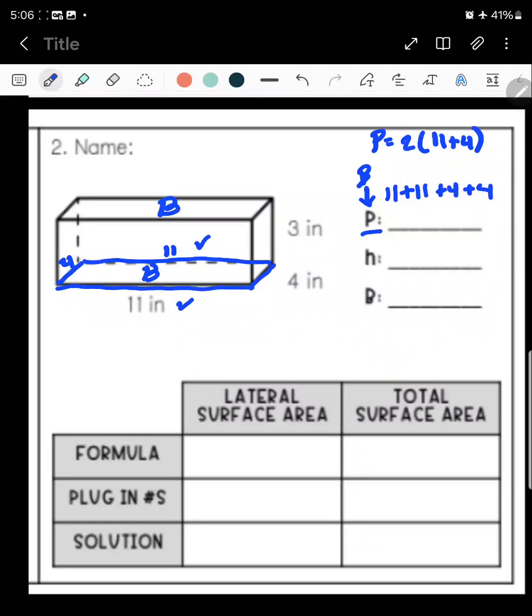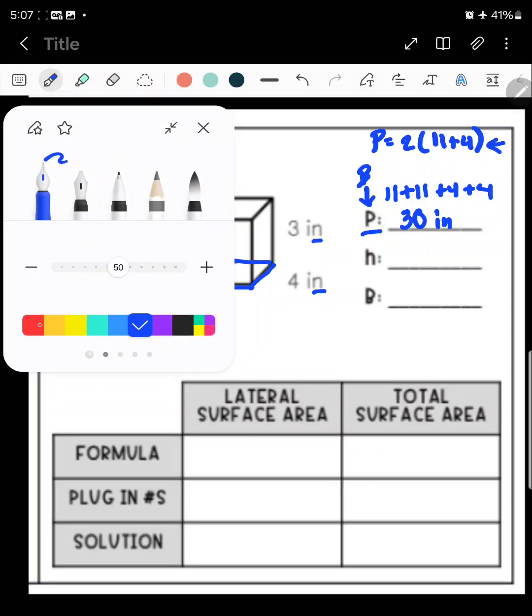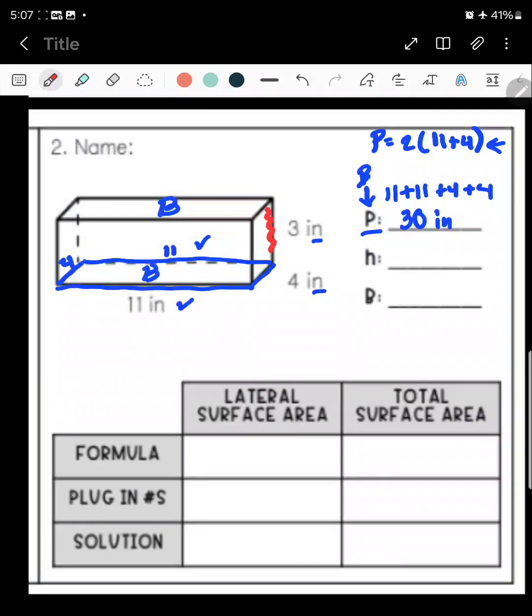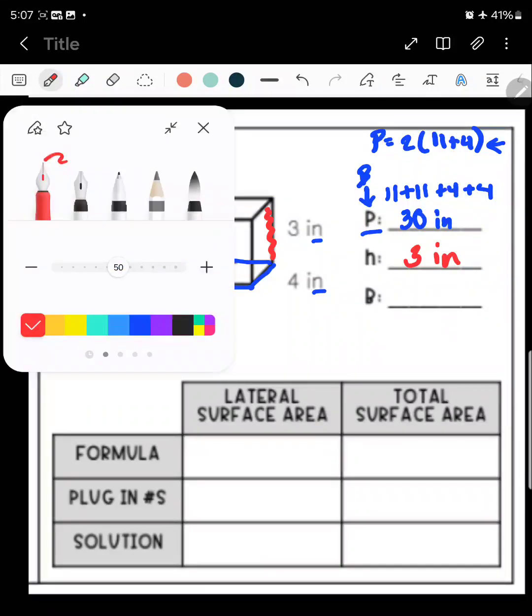All right, so 11 plus 4 is 15 times 2, the perimeter is 30, and now we're using inches, so we're going to put inches. Your height is right here. It's 3 inches.